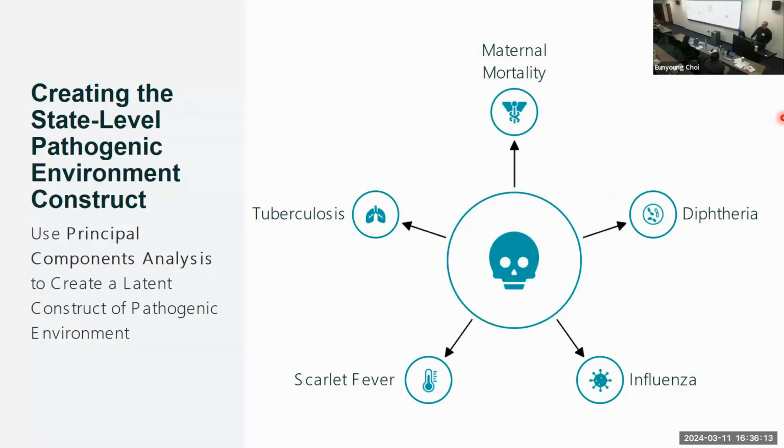To create the state-level pathogenic environment construct, we used principal components analysis to create a latent construct. This was also verified using confirmatory factor analysis, and we're getting the same sort of result. The idea is that the state-level pathogenic environment would be represented by the scary skeleton in the middle, because this is mortality.